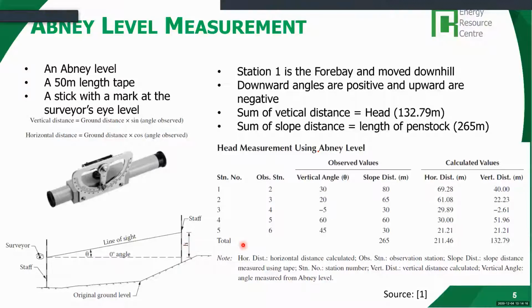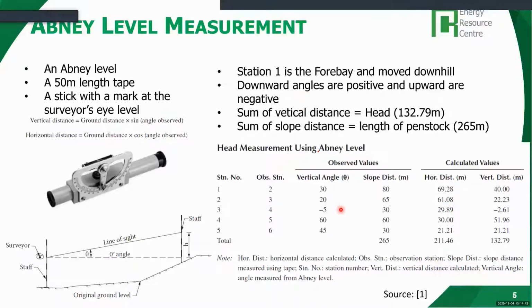So basically, in these ABNI measurements, the vertical distance is ground distance multiplied by sine of theta, and horizontal distance is ground distance multiplied by cos of theta. Okay, so ground distance is found based on the angle.